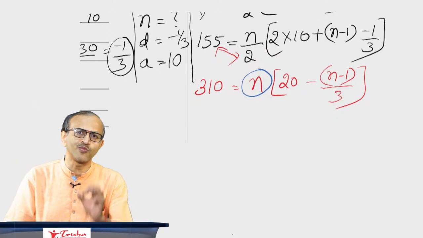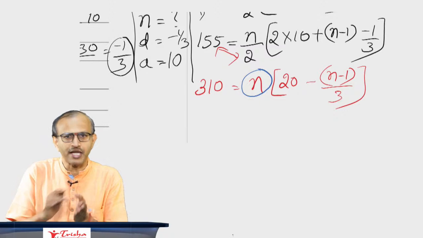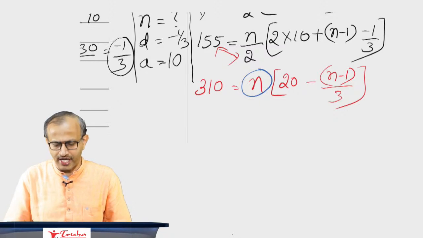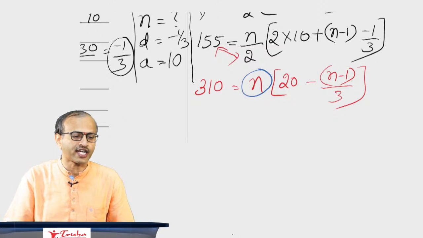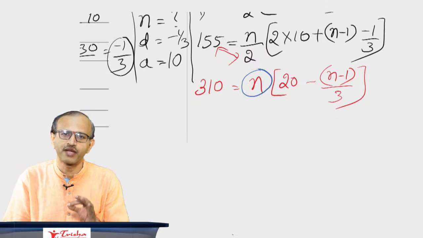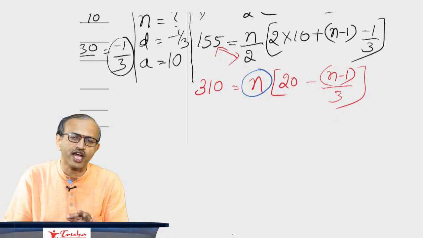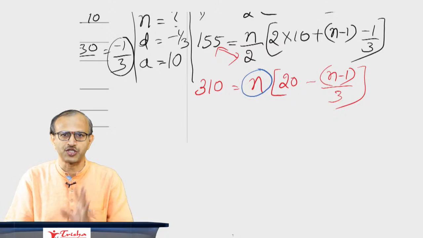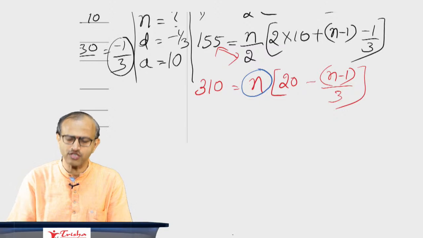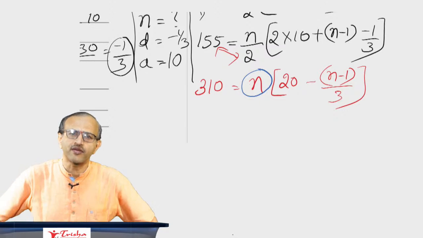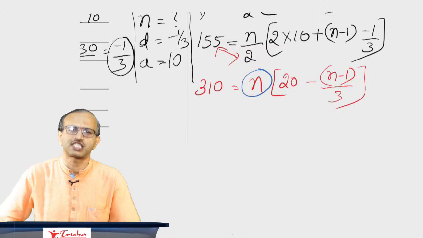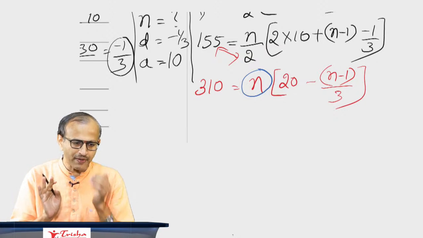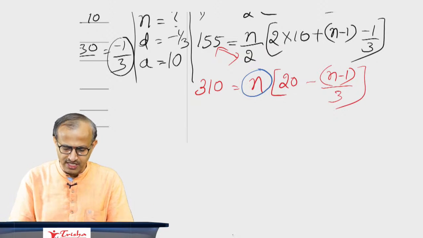Don't you think it takes more time to solve? This is where many students take a lot of time. As I said, don't solve, substitute, because you have options. Just substitute.